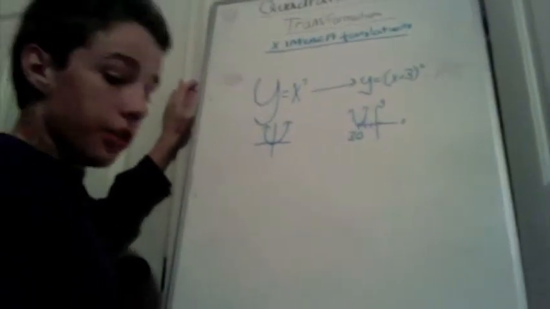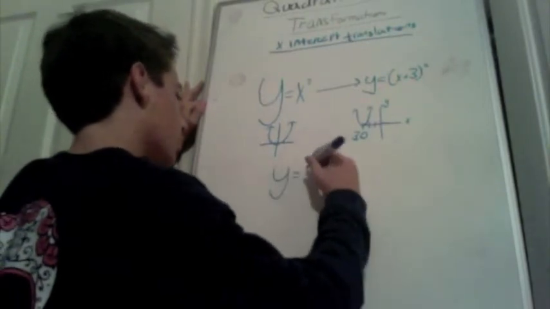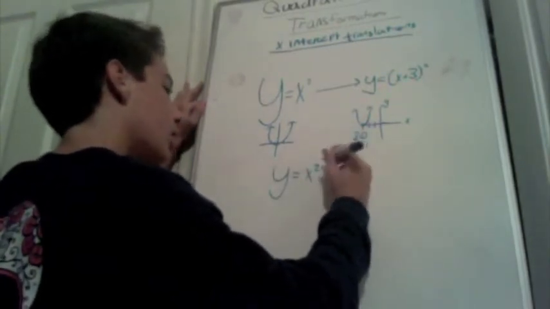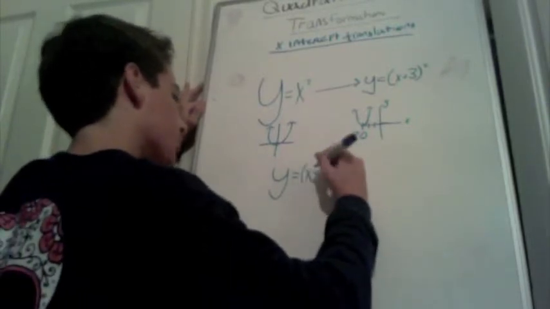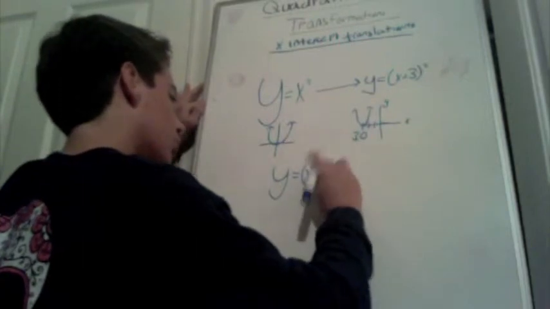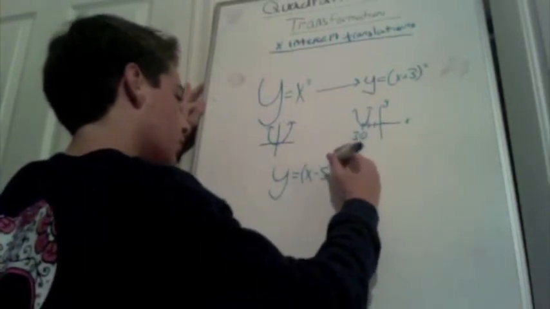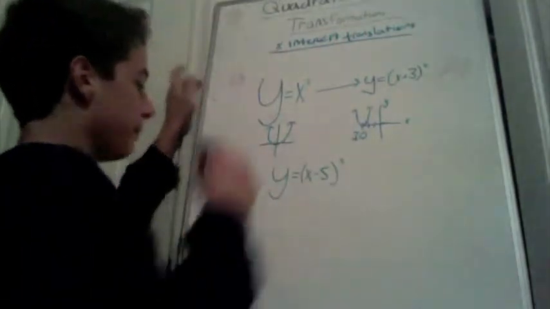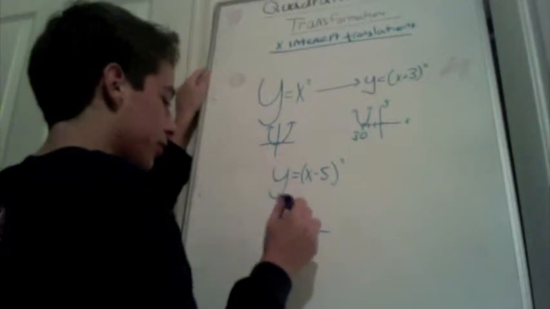Alright, let's do another. We'll do y equals parentheses x minus 5, squared. So what that will look like on a graph will be like this.